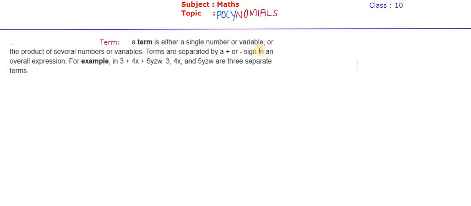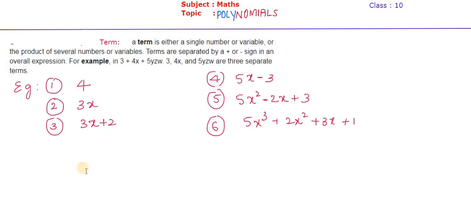In this definition you may get a little confusion, so we'll go for an example. It will make it more clear. The definition says that a term is either a single number, or it may be only a variable, or the product of several numbers or variables.